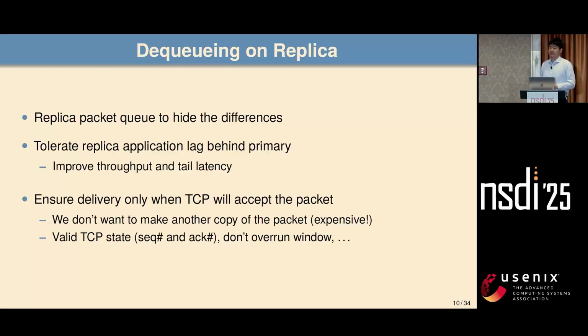However, packet copying is very expensive. So instead, HATCP only delivers the packet when the TCP stack is available to process it. For example, the TCP state in the packet header has to match the expected value from the TCP control block, for example, the sequence number and the acknowledgement number. And the TCP stack has to have enough space to take the packet so that the packet won't overrun the TCP window, and so on.